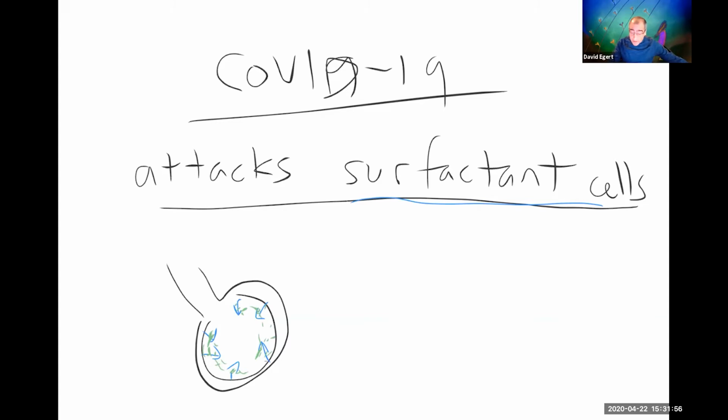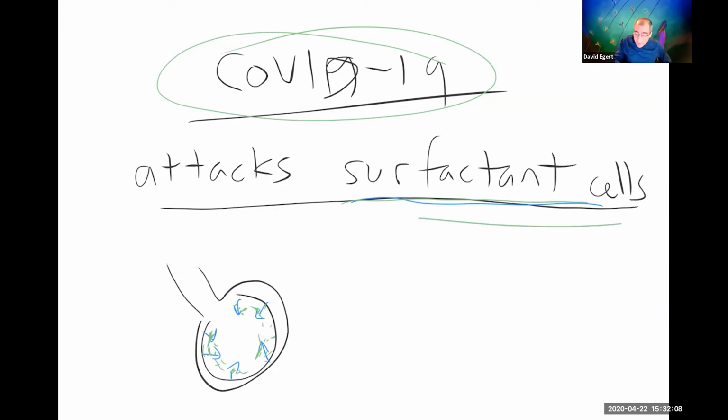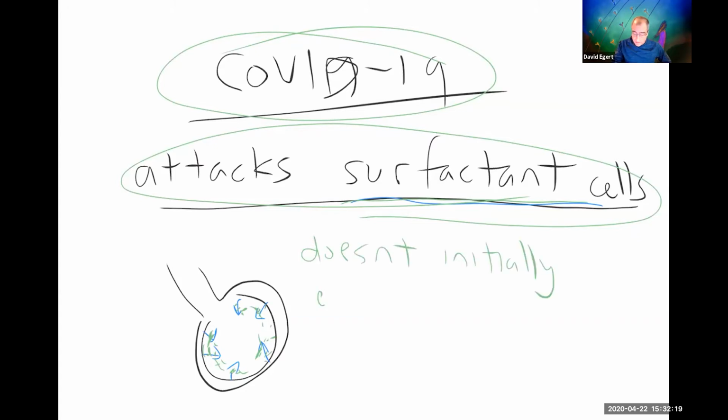One of the ways COVID-19 is particularly dangerous is that when you have this going on, it doesn't initially affect your lung compliance, that kind of stretchiness of your lungs.